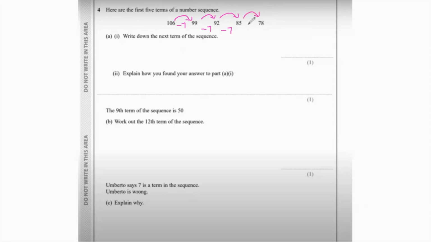And 85 minus 7 is also 78. So as you can see, we're subtracting 7 from each consecutive term. So for the next term, we'll do 78 minus 7, which is 71.